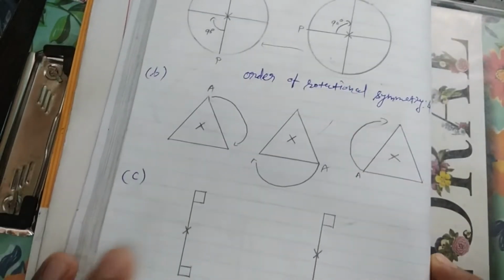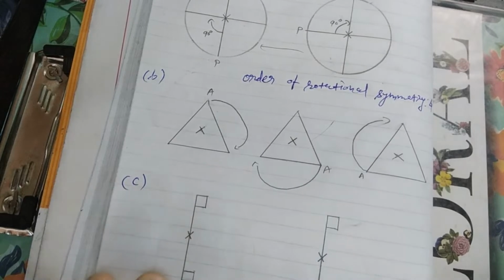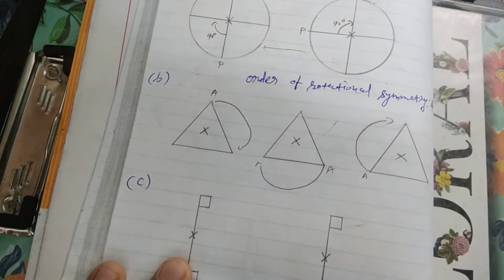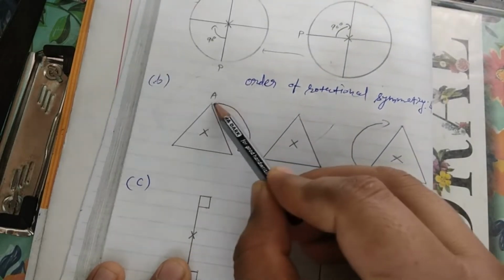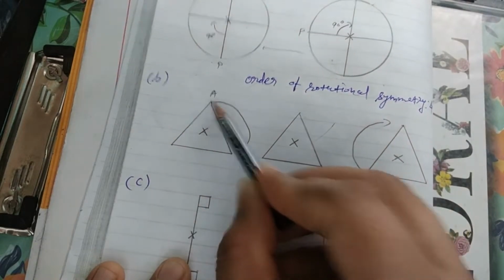Part B. Here a figure of an equilateral triangle is given, and now we have to find the order of rotational symmetry for this figure. In this triangle there are three vertices, 1, 2 and 3.